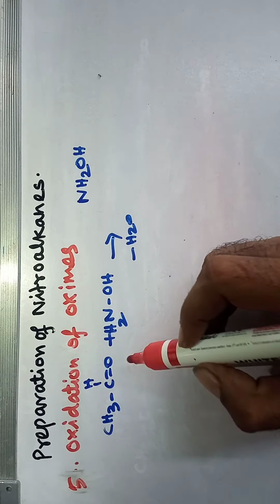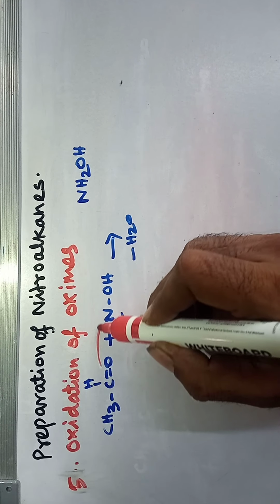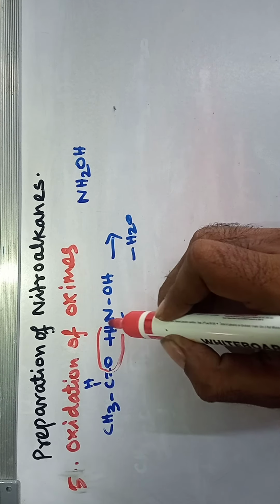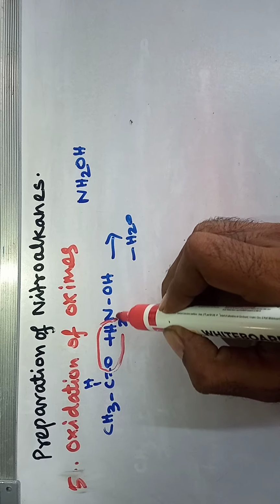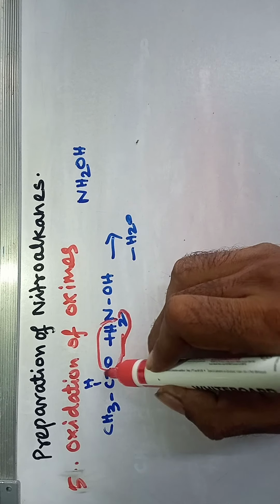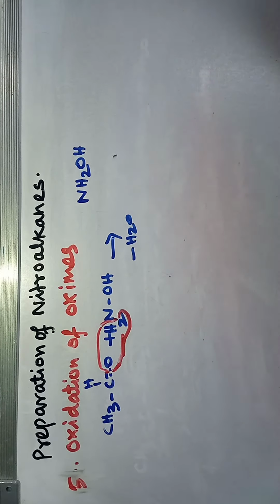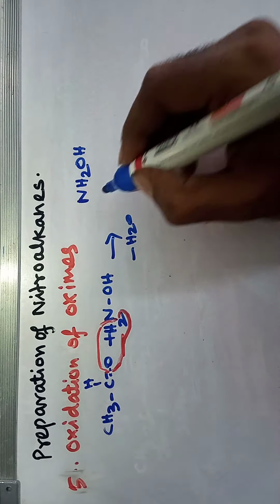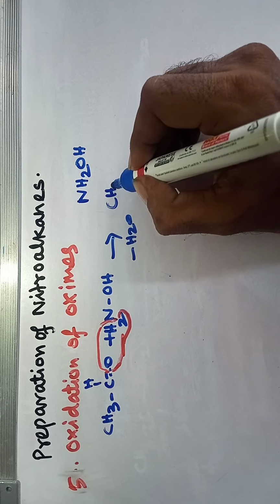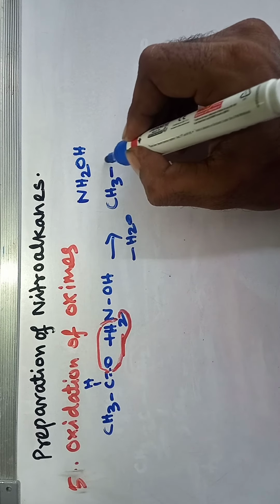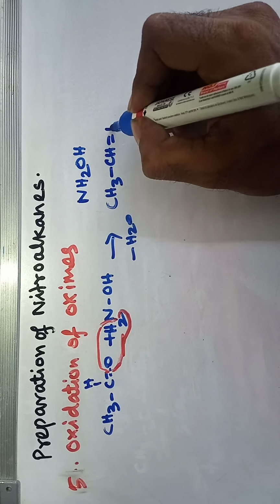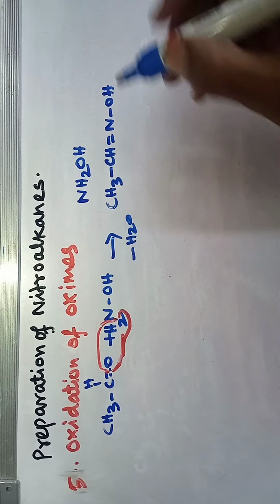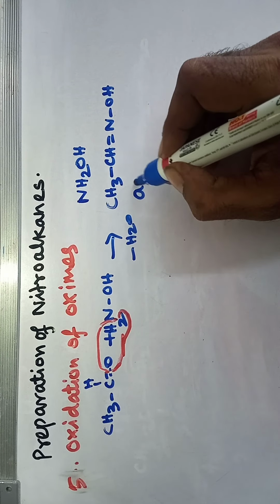It is called acetaldioxime. This hydrogen and oxygen go as a water molecule. CH3 CH double bond NOH. This is the acetaldioxime.